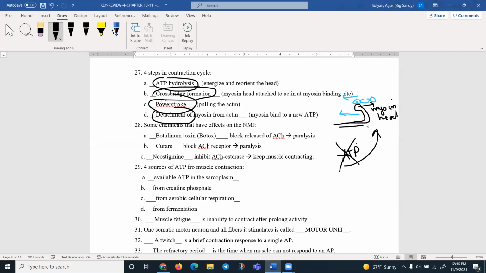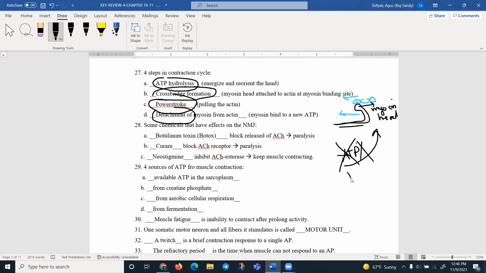This is what we call the rigor mortis. The same thing if an athlete, for example, does exercise for a long time, they might get cramp. Because the ATP will not be produced during that time, as oxygen is very limited. When the ATP production is less in the muscle cell, it can cause cramp.